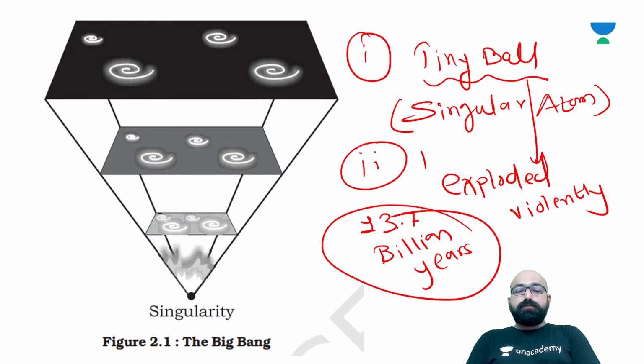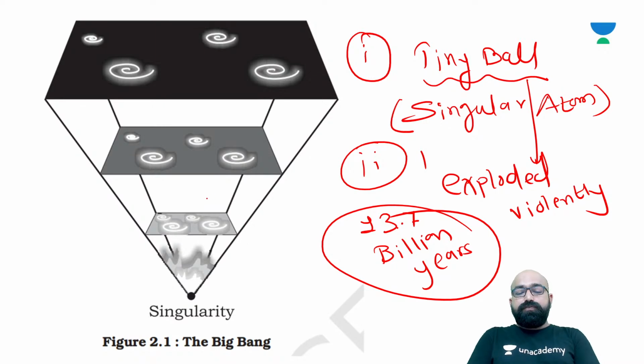The expansion continues even to the present day. As it grew, some energy was converted into matter. There was particularly rapid expansion within fractions of a second after the bang. Thereafter, the expansion has slowed down.